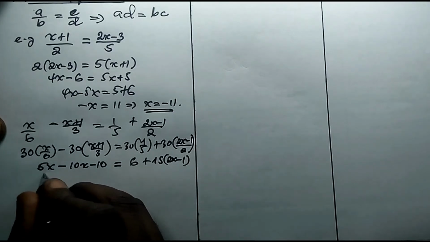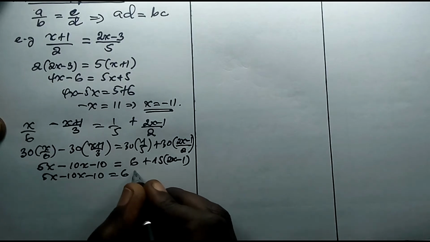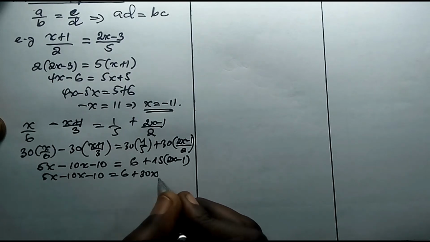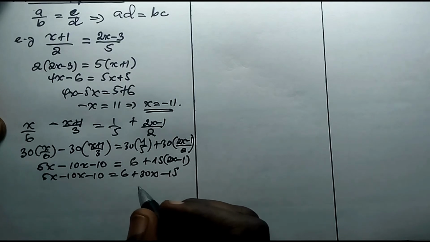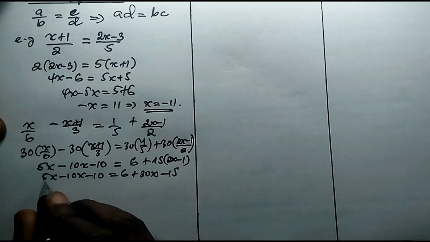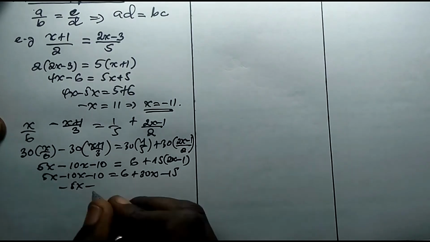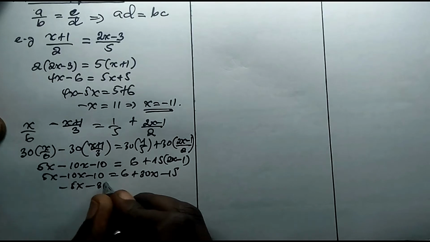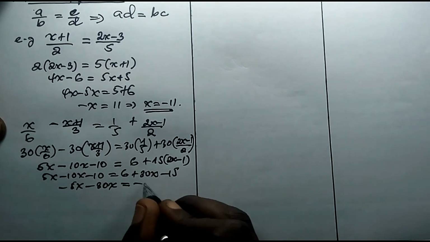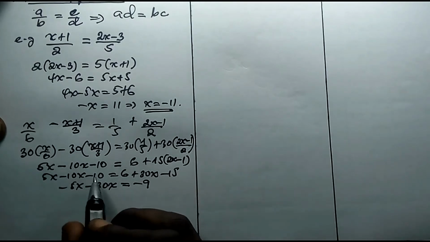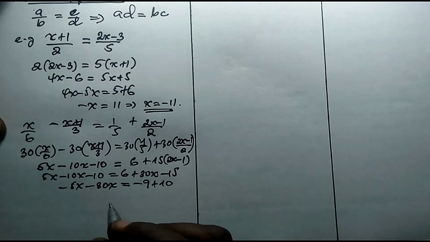And so we have 5x minus 10x minus 10 equals 6 plus 30x minus 15. Collecting like terms again, we have 5x minus 10x, which is negative 5x, and 30x crosses this way to become negative 30x equals 6 minus 15 gives negative 9, and negative 10 crosses this way to become positive 10.